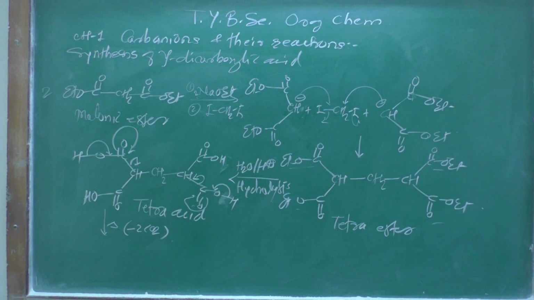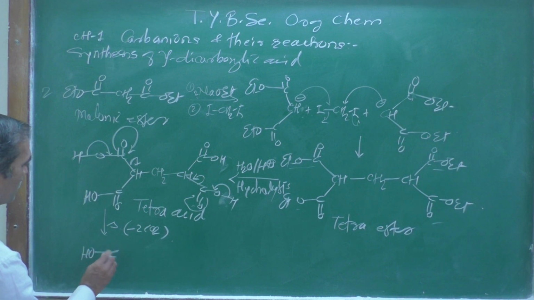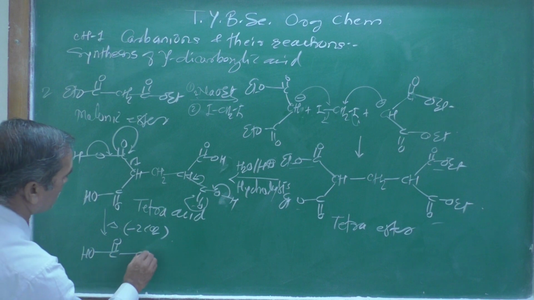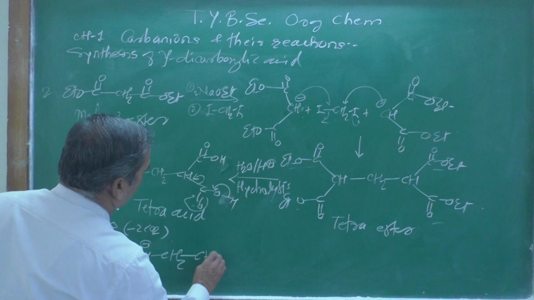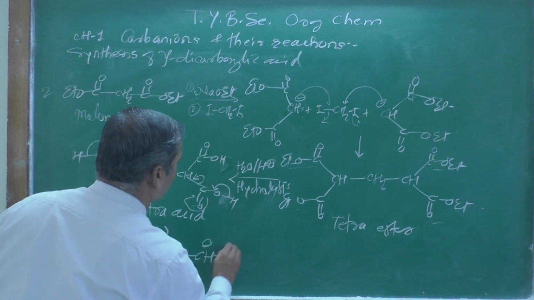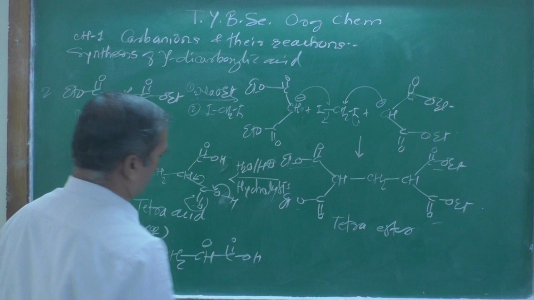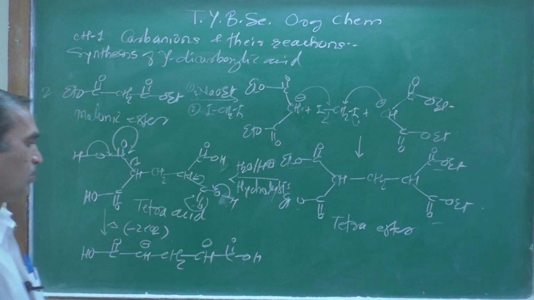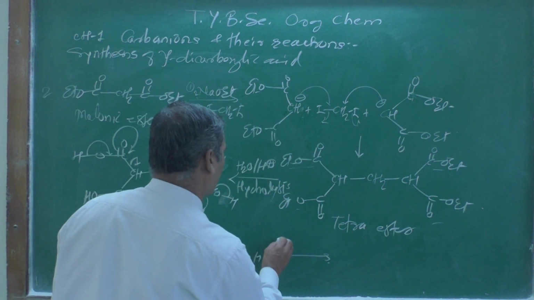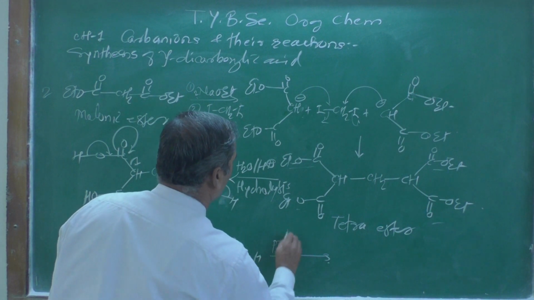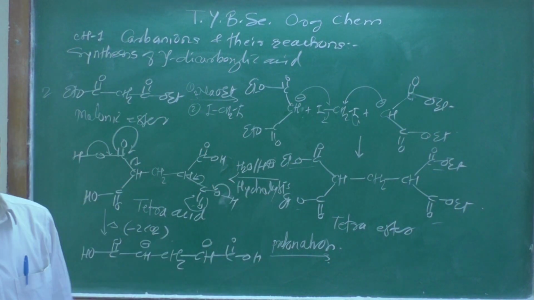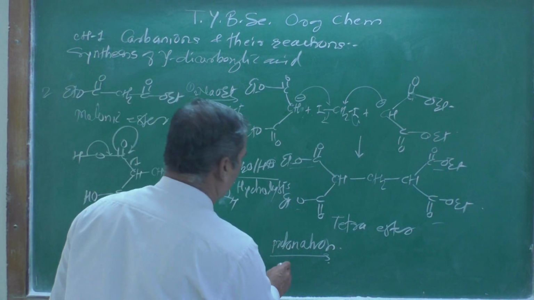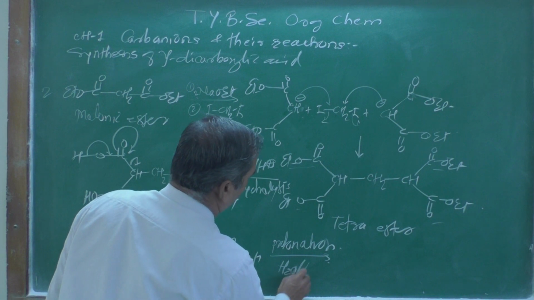You get the product HO, C double bond O, CH minus charge, the middle one CH2, then CH minus charge, C double bond O, and OH. There are 2 carbanions, and then again protonation. As in hydrolysis, the reagent we can use for protonation is the same, H2O and H plus.